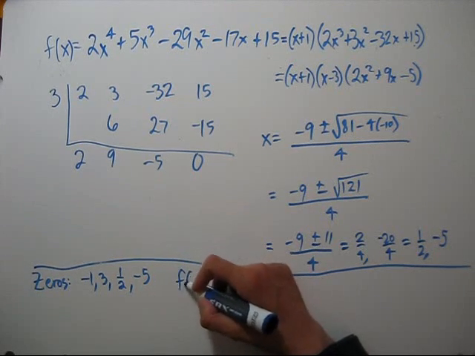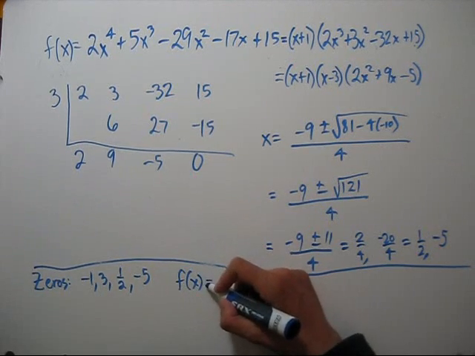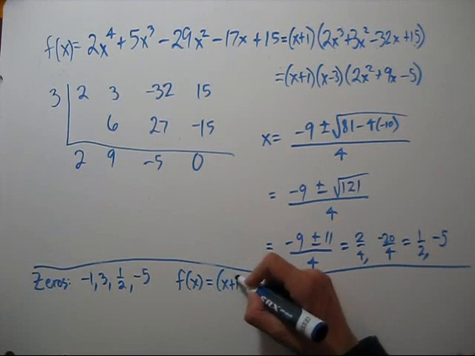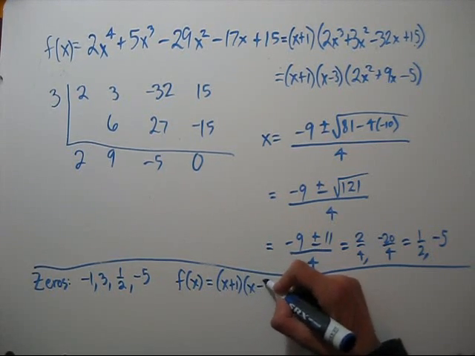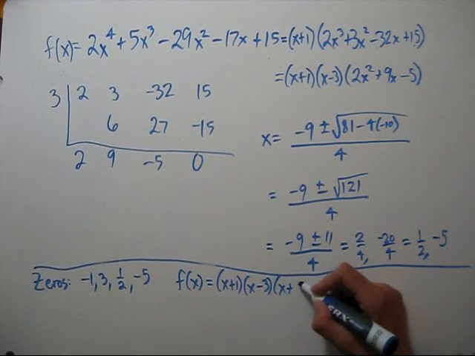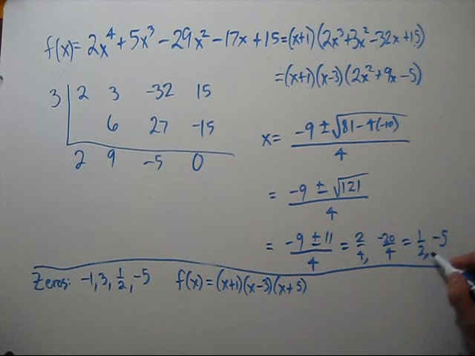Our factored form, we have f of x equals x plus 1, x minus 3. We're going to have an x plus 5. Now the tricky part is the 1/2.